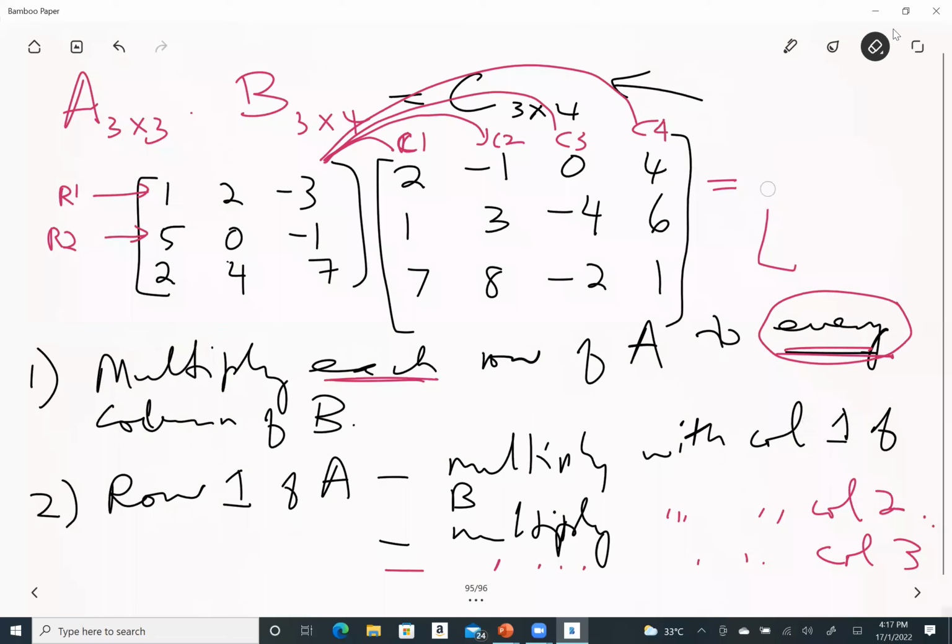So you know already the dimension of the multiplicative terms. You don't need to write this, I write here because we want to make ourselves clear. So what you do now, you multiply row 1 of A to column 1 of B, and see what you get. Okay, go ahead.